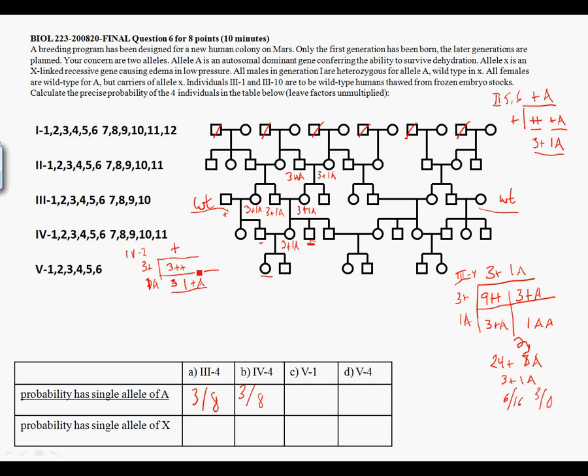That's fine. We're not asked about his genotype, we need to know what kind of gametes he produces. So we do the same thing we did earlier and we count them all up. So there's 3 plus 3 plus 1, that's 7 chances of a plus gamete, and only 1 chance of an A. So I'm going to write here 7 plus 1A.